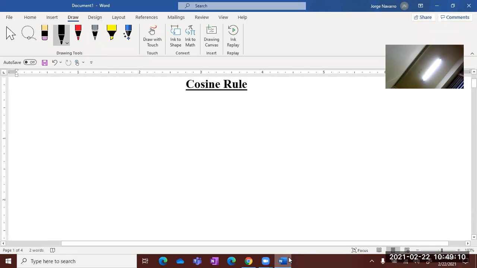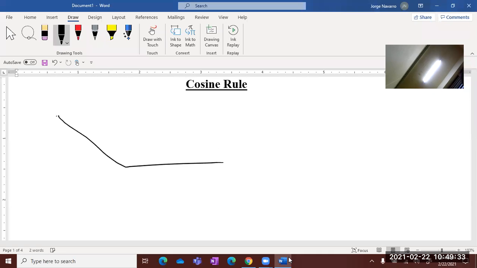When it comes to the sine and cosine rule, normally we're asked to prove those for CXC. So it is best that you learn these as best you can. Again, the cosine rule is for a non-right-angle triangle. If you have a right angle triangle, you cannot utilize the sine nor the cosine rule.